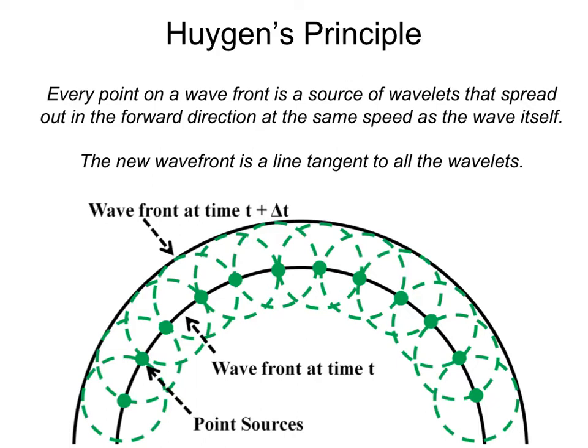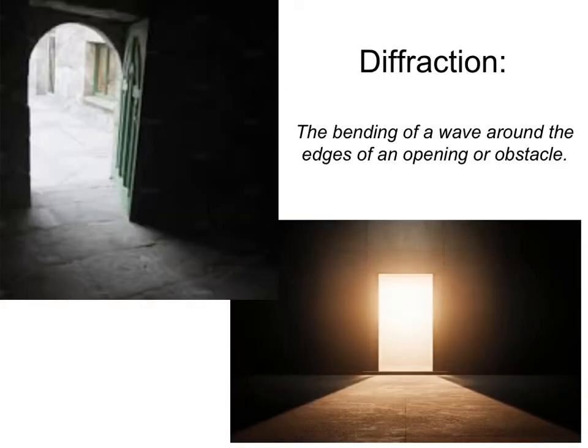Huygens' principle can also explain the behavior of a spherical wave in the same way. In fact, Huygens' principle helped physicists make sense of some of the most mysterious properties of light.